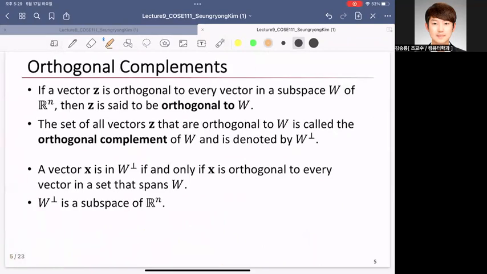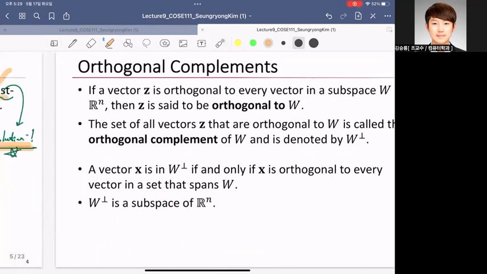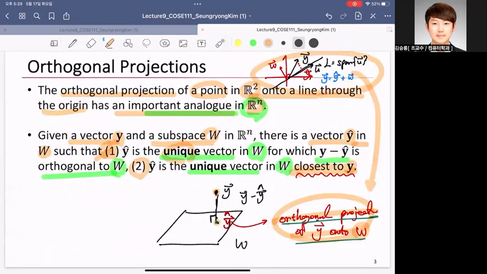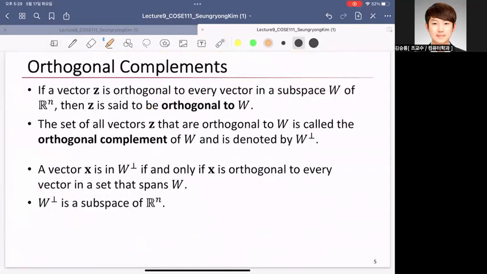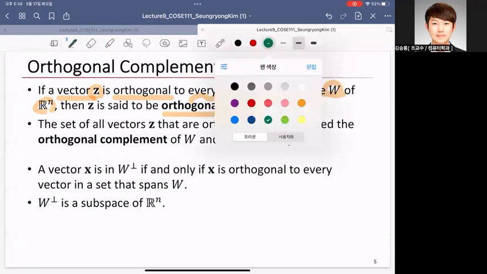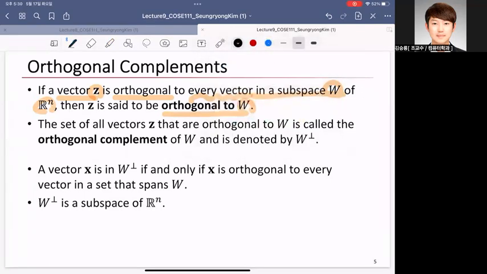So, then here we will just extend the concept defined in the R2 space here to the Rn space. 그렇죠? Rn space. So, if a vector Z is orthogonal to every vector in subspace W of Rn space, then Z is said to be orthogonal to W. Looks like this.